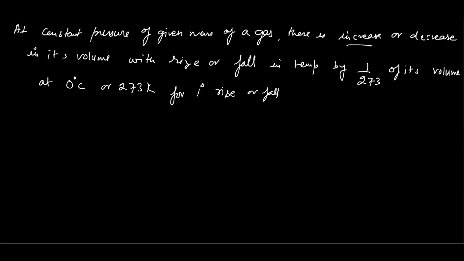If a gas is kept at 0 degrees Celsius, it means it is kept at 273 Kelvin. If we lower the temperature to minus 15 in Celsius, it will be 273 minus 15 in Kelvin. So the difference is the same.